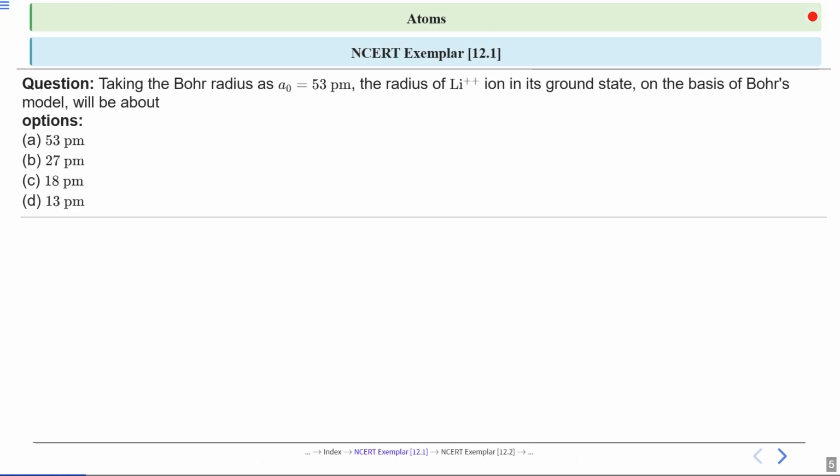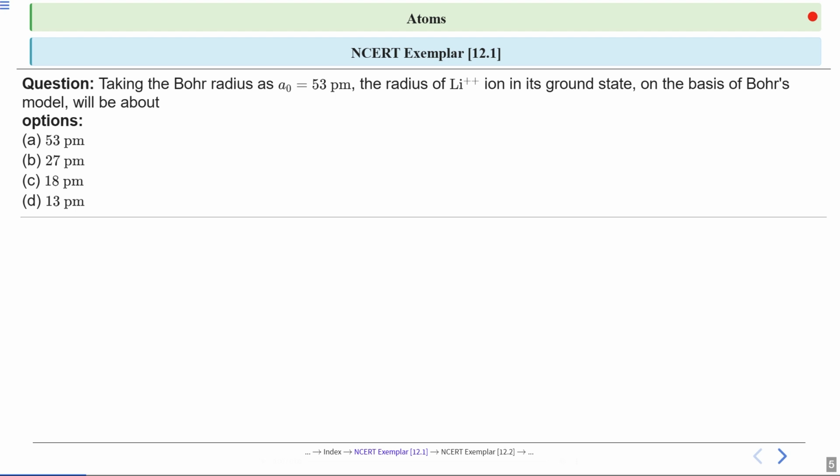Let's examine a multiple choice question about the radius of lithium plus plus ion, lithium with 2 electrons removed, in its ground state, using Bohr's model of atom. Notice how the question gives the Bohr radius A0 as 53 picometers and asks you to compare the radius of lithium to this value.